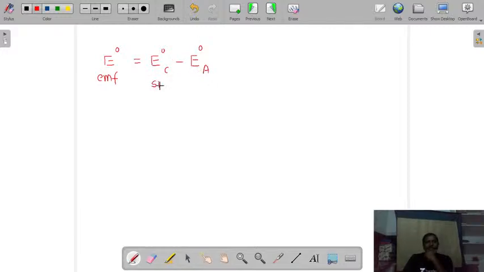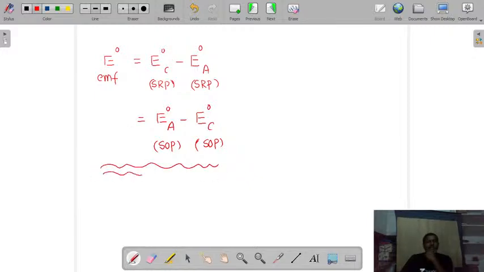Now if we consider oxidation potential values, SOP values, EMF of the cell is equal to E naught of anode minus E naught of cathode. This is the formula to calculate EMF of a galvanic cell.